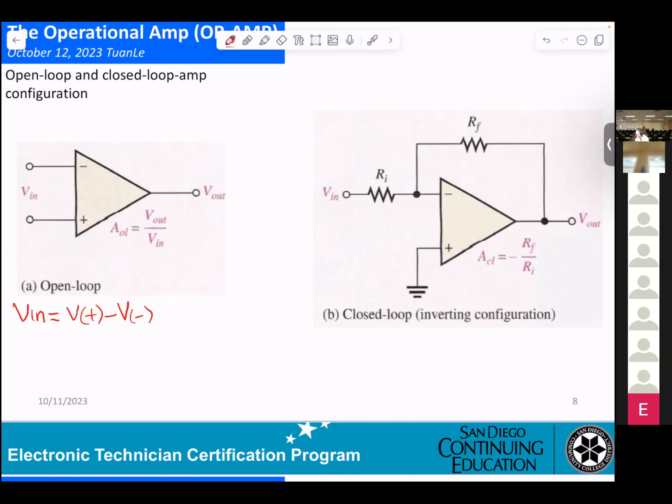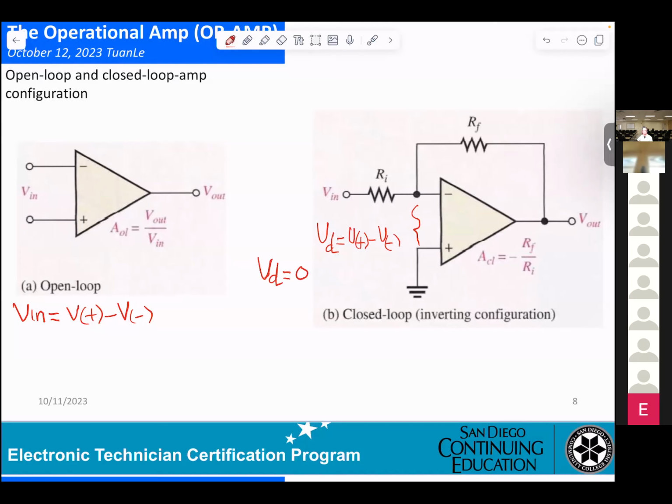By the way, the input here will be VD. Okay, VD means the difference between V positive minus V negative, and VD, V1 equals 0.